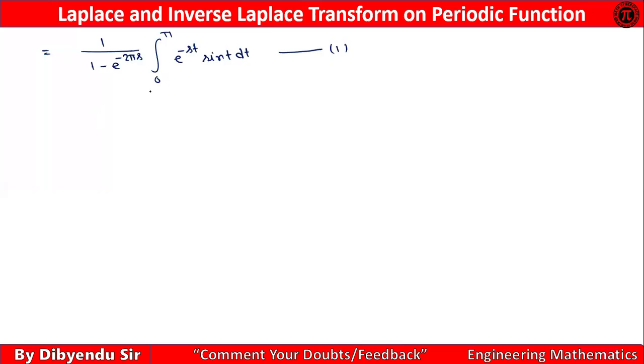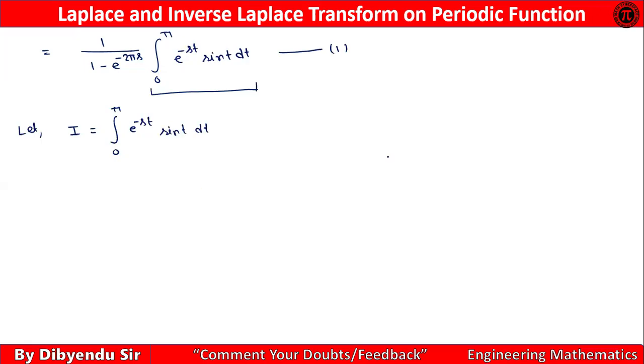Now we have to find out the value of this integration. So let capital I be equal to the integration from 0 to pi of e to the power minus st sine t dt.